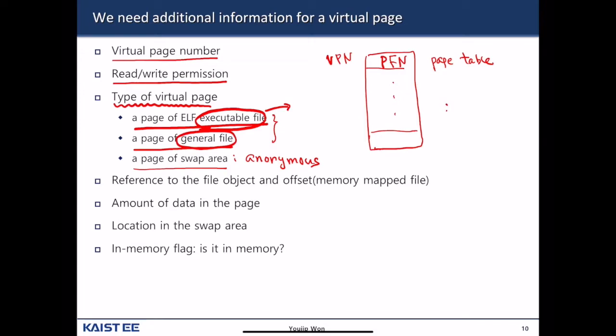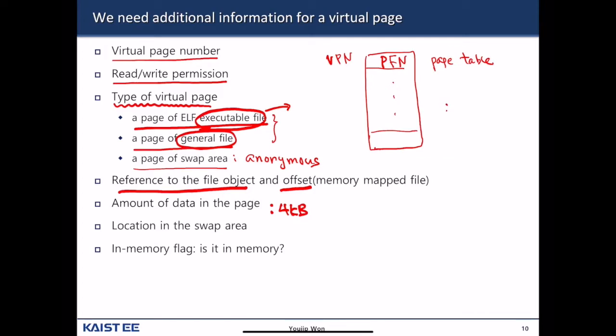And in case a page is from a file, the page has to carry information about which file it is from and the associated offset in the file. So it needs a reference to the file object and the offset. Also, a page is 4 kilobytes, but not all 4096 bytes are necessarily full.